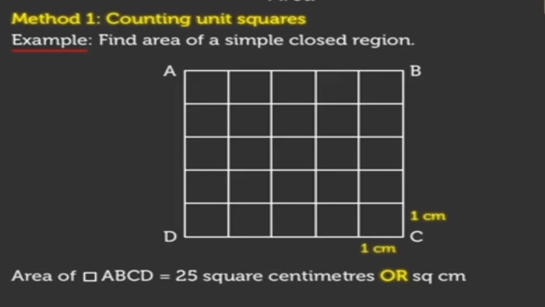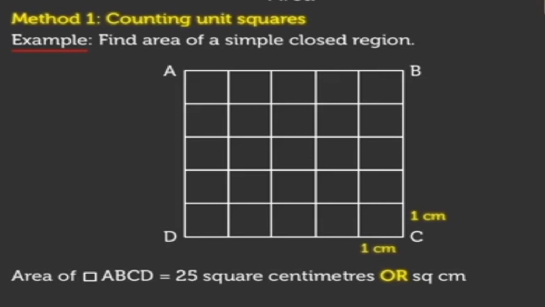Okay, children? But if you need to measure a football ground, how will you measure? For measuring this simple closed region, we can find it very easily. We have counted all the squares and we got the area.